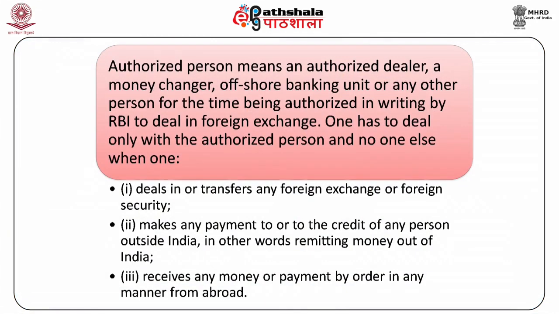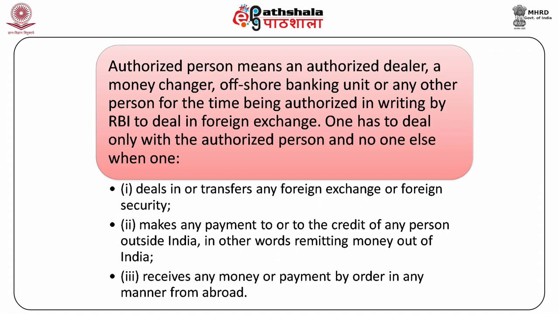Second, who is an authorized person and how does an authorized person concern one in day-to-day affairs? Authorized person means an authorized dealer, a money changer, offshore banking unit or any other person for the time being authorized in writing by RBI to deal in foreign exchange.